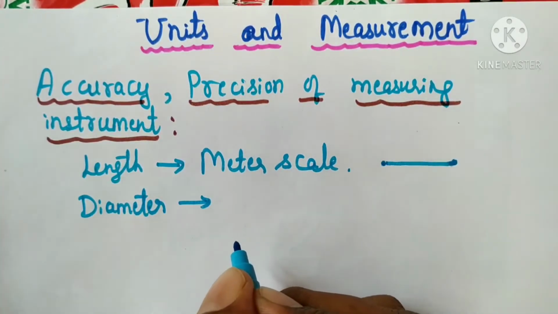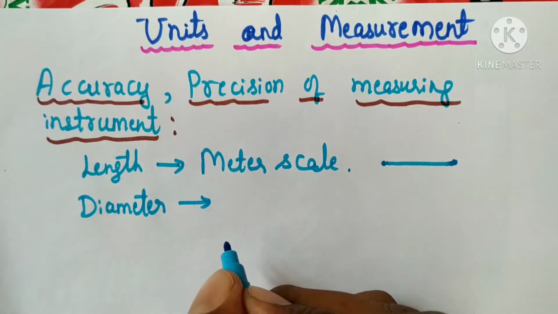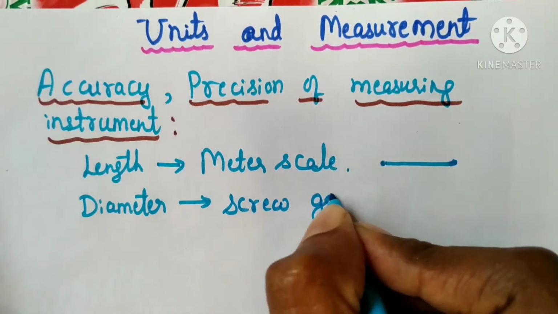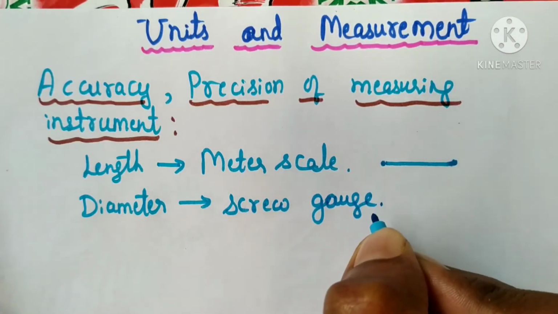If there is a steel sphere and you want to measure its diameter, we can use an instrument called a screw gauge.